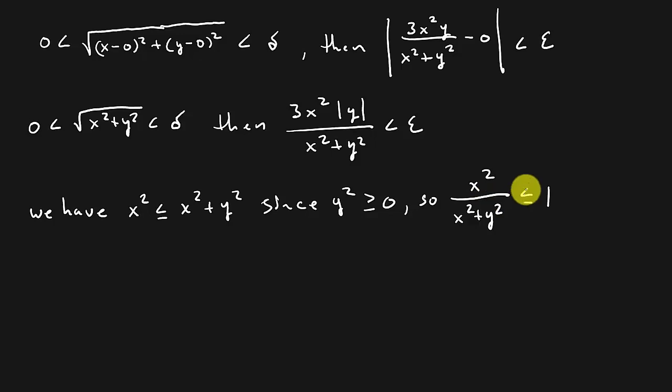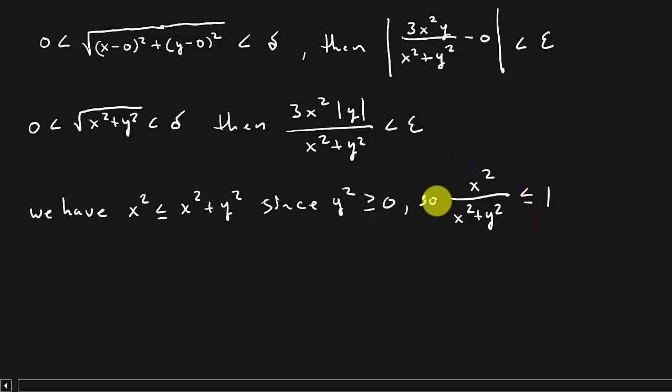But do you see why this is less than or equal to 1? Because the denominator is either equal to the numerator, and if that's the case, it equals 1, or it's larger than the numerator, which means the fraction is less than 1. Okay?